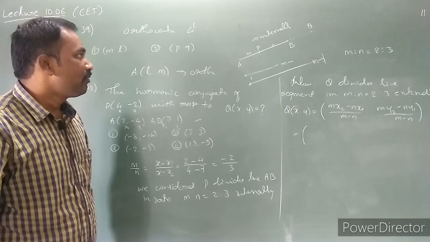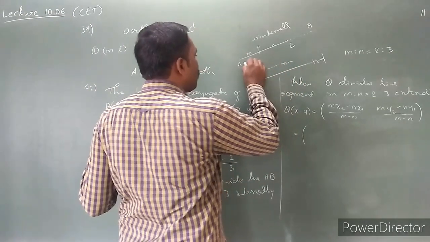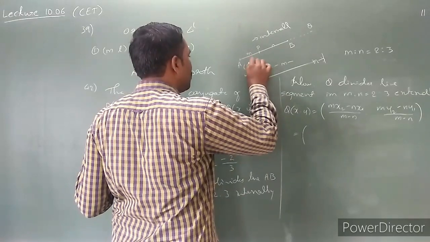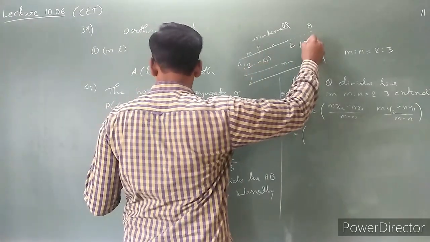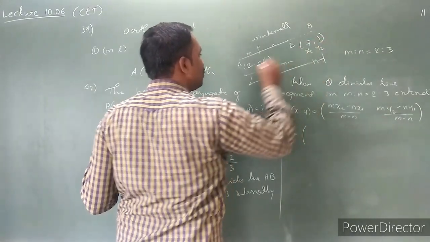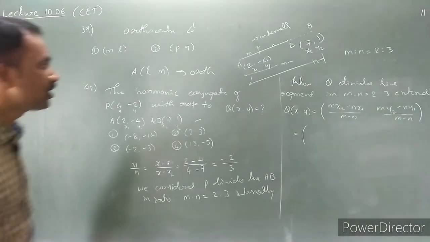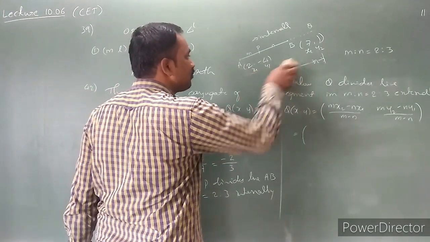Next, x1 y1 and x2 y2: A point is 2 comma minus 4, this is x1 comma y1, and B point is 7 comma 1, this is x2 comma y2.